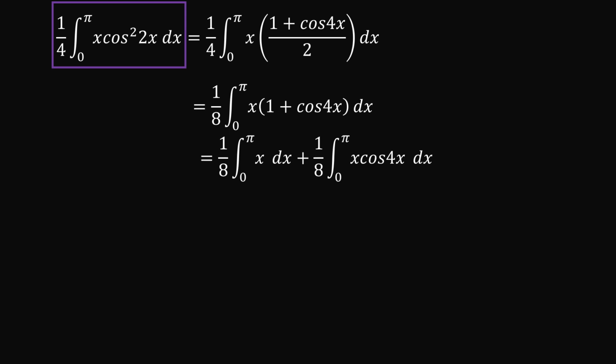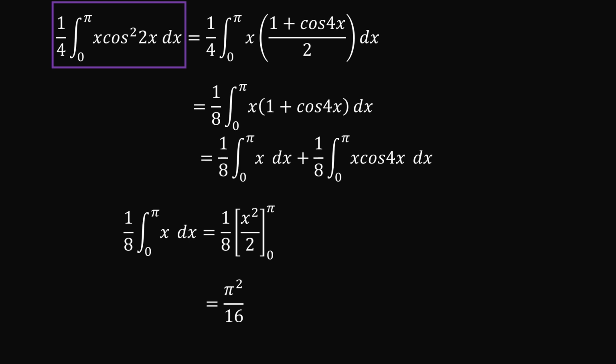Okay, so it's the same as the integral of 1 over 8 x from 0 to pi, and the second term can also be integrated separately, which is 1 over 8 x cosine 4x. So looking at the first term, which is the same as 1 over 8 times x squared over 2 from 0 to pi, that results in pi squared over 16.